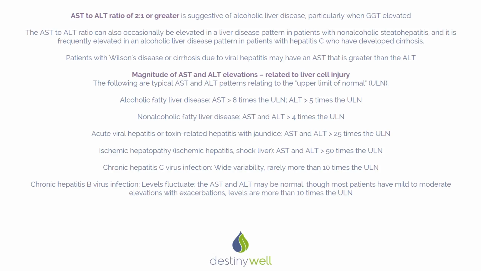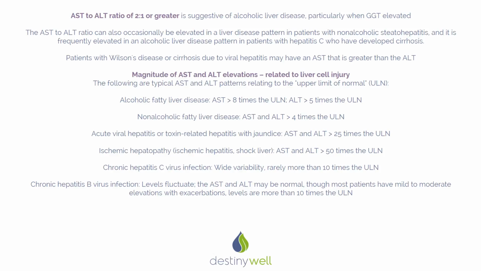In non-alcoholic fatty liver disease, that's the kind that comes from insulin resistance and visceral adipose, fat around the middle, AST and ALT usually don't go more than 4 times the upper limit of the lab range. Acute viral hepatitis and liver problems caused by toxic exposures often will have AST and ALT values greater than 25 times the upper limits of normal. Sometimes these conditions can even be life-threatening acutely.